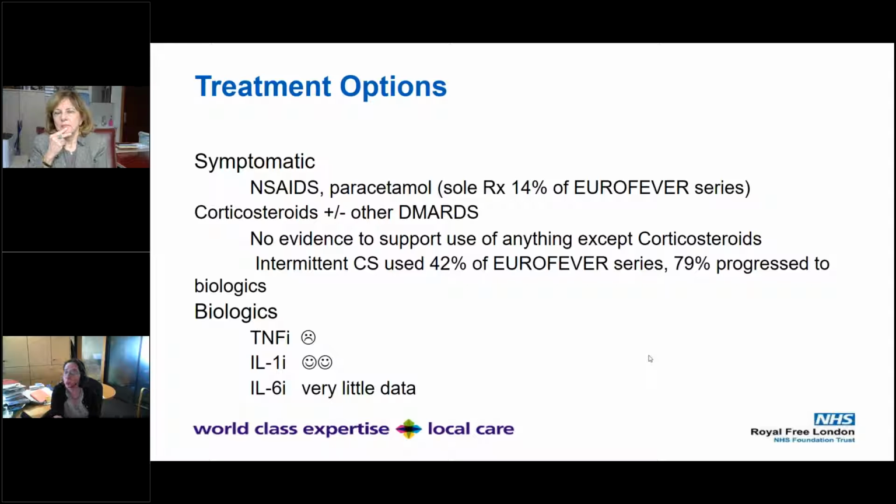So failure to respond to an anti-IL-1 agent would strongly suggest that the patient does not have TRAPS. I'll come on to this again in a moment. The response to anti-IL-1 agents is so good across such a broad variety of diseases that response to anti-IL-1 cannot be used clinically, in my view, to diagnose TRAPS, but failure to respond should make you reconsider the diagnosis.